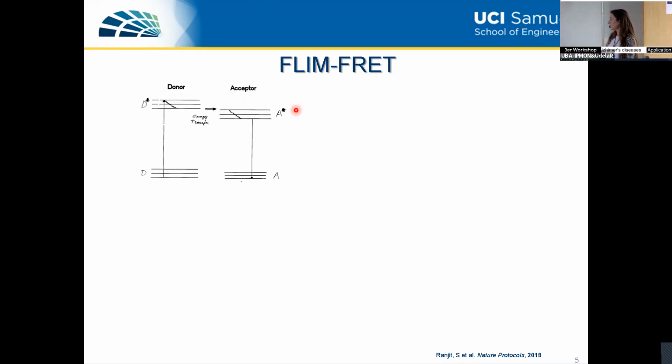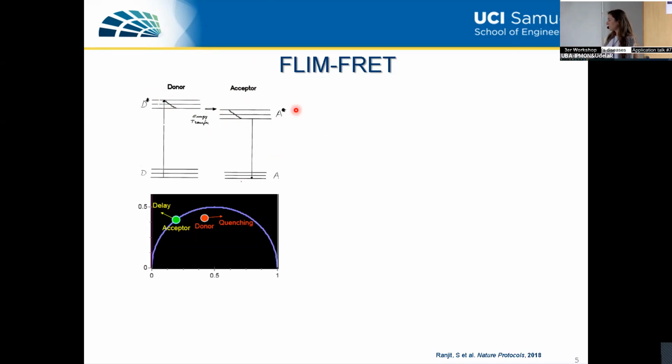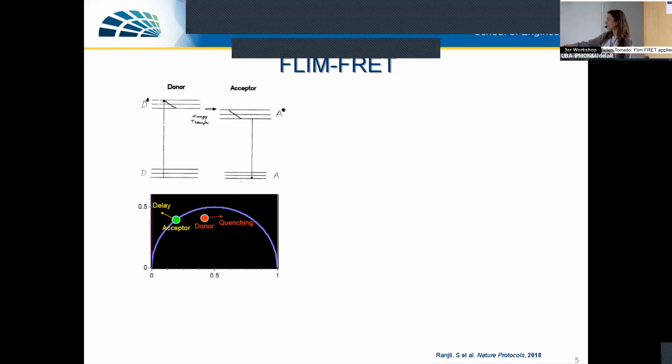So in the phasor plot, what is going to happen with the donor is that it's going to be quenched, and it's going to move to shorter lifetimes.